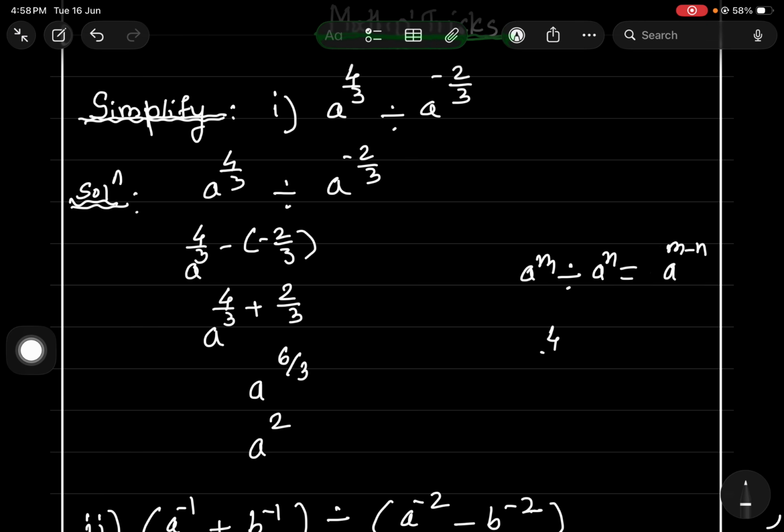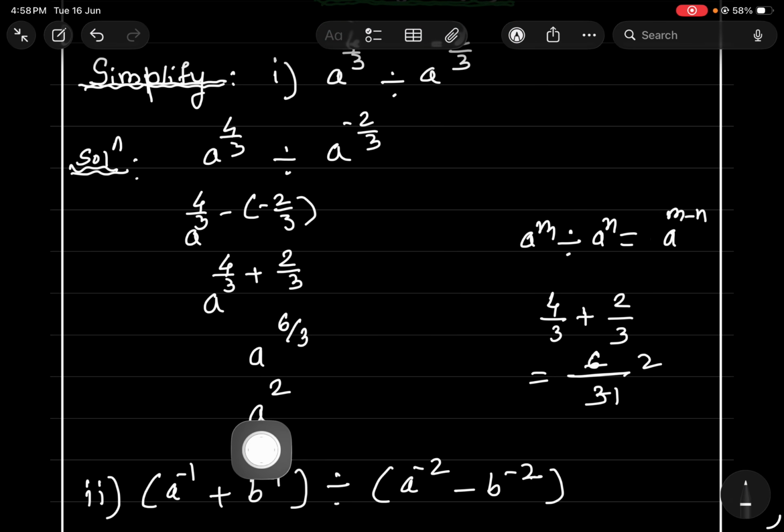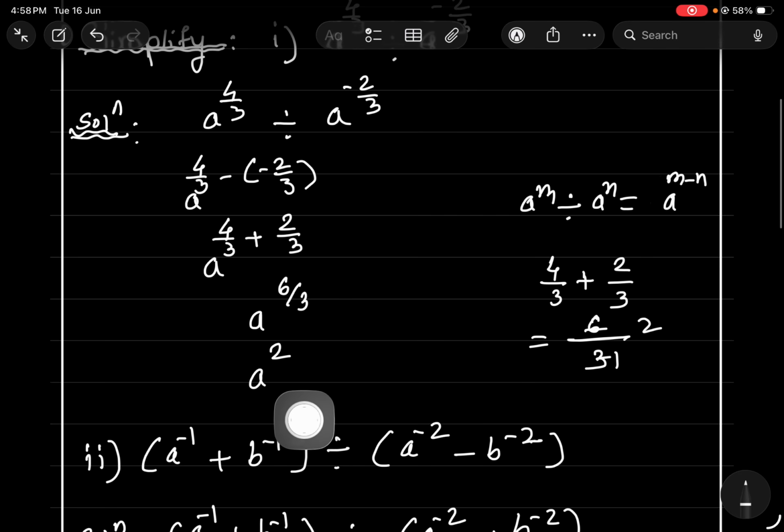You can also do it roughly like this. We have to do this addition, and the denominators are the same already, so no need to make the denominator the same. We can say 4 plus 2 is 6, then 3 ones are 3, so the index will come 2. Here 6 upon 3 is 2, so the base is a, so a square will come.